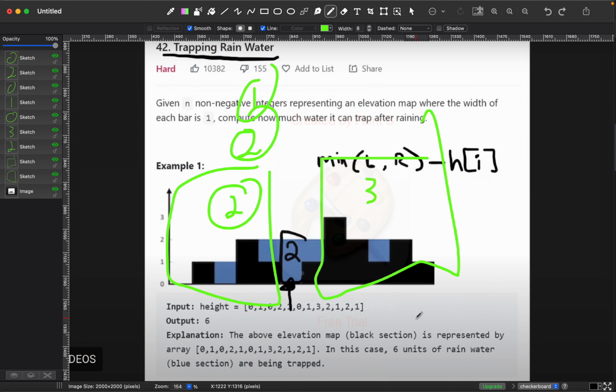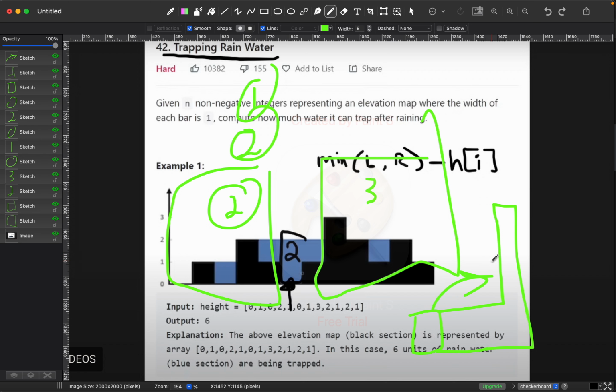It's like saying, I have a unit over here, and I don't care where your wall is. As long as there's a wall over here, the water can't overflow over this wall. The same goes for here. I don't care where your wall is, I can even go until this area.